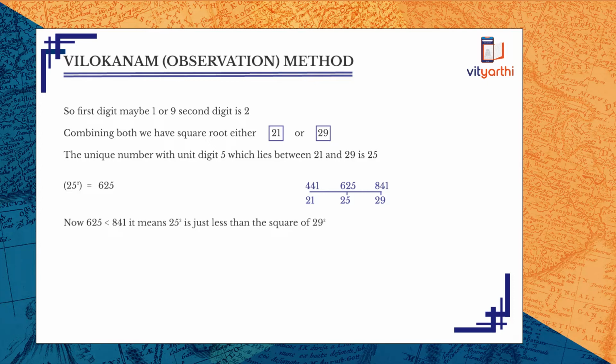It means 25 is less than 29. It is obvious that the root of 841 cannot be 21, because the square of 21 will be less than 841. So we can say that the root of 841 is equal to 29.